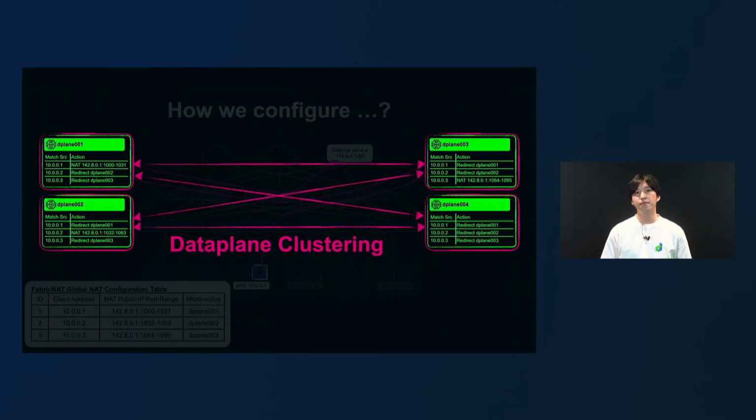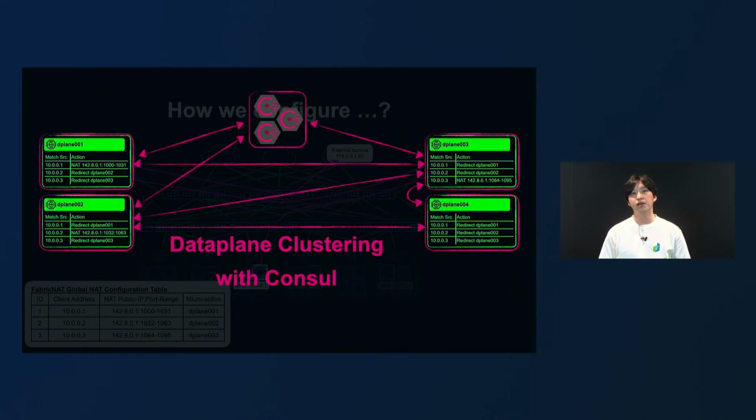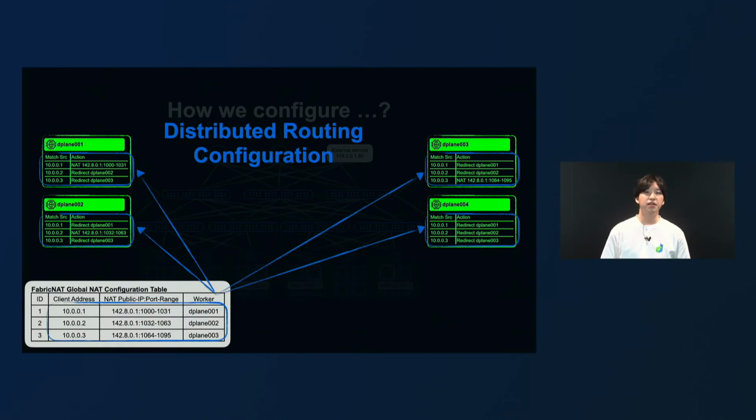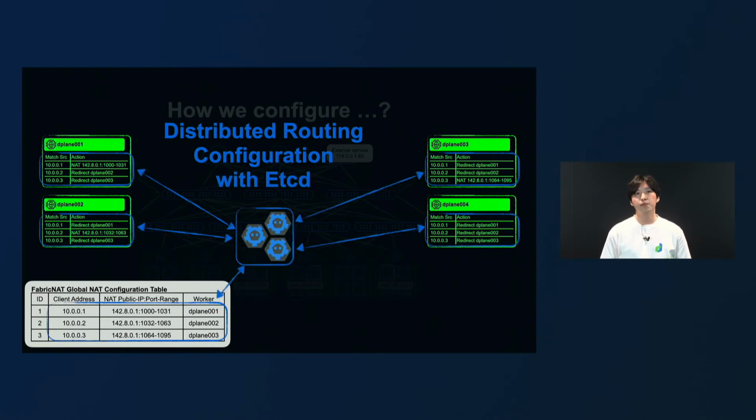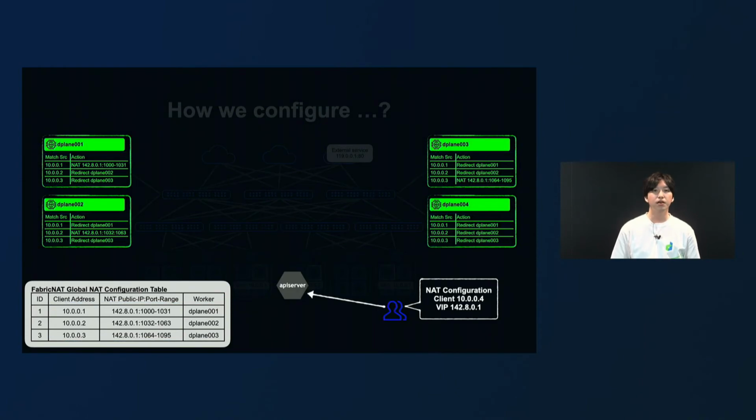Therefore, for the clustering of the dplane nodes, we've adopted Consul, a very popular open source for service mesh. For configuring distributed routing on data planes, instead of a remote procedure call, we've decided to use etcd, a famous distributed KVS, and manage configuration declaratively.